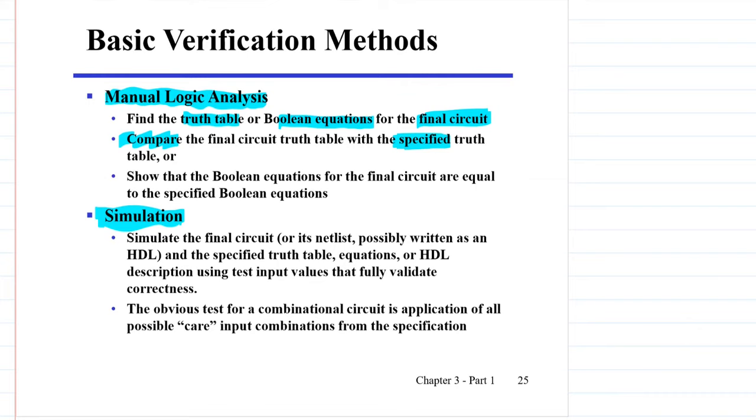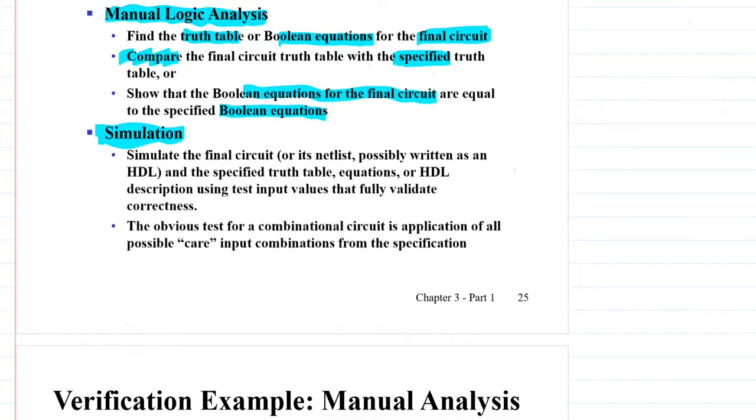We refer to the specifications again and compare what we had there with what we have obtained at the end. If those two are the same, then we are fine in terms of the verification. If they are not the same, then we need to go back and find out where we have made a mistake. So we need to show that the Boolean equations for the final circuit are also equal to the specified Boolean equations if we have received them in that form.